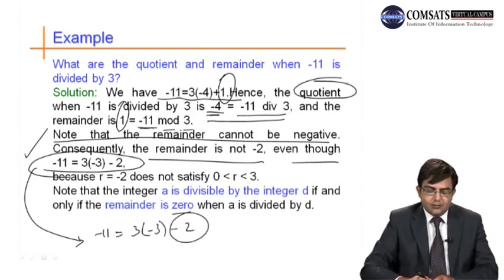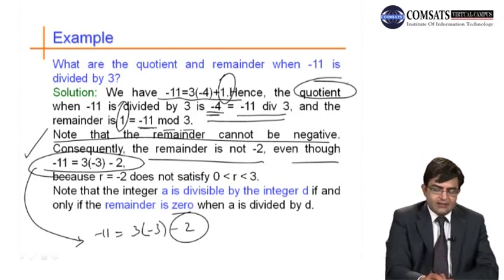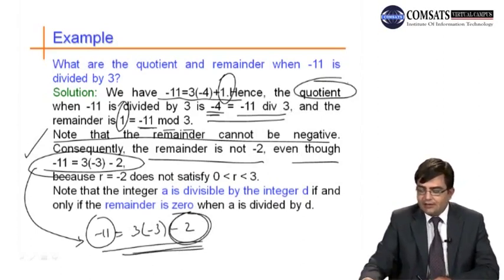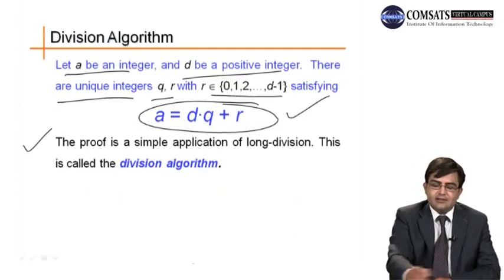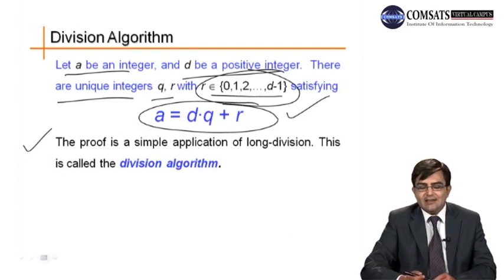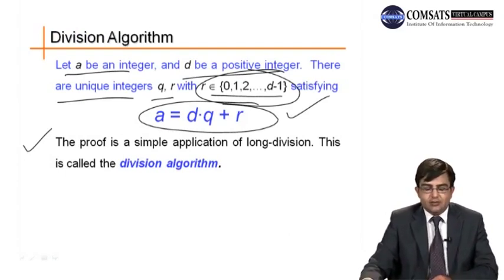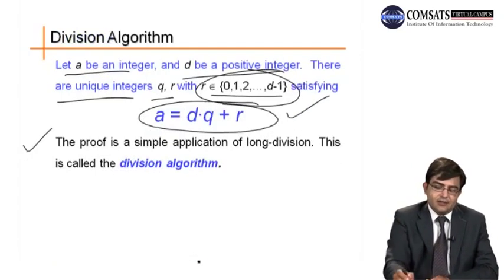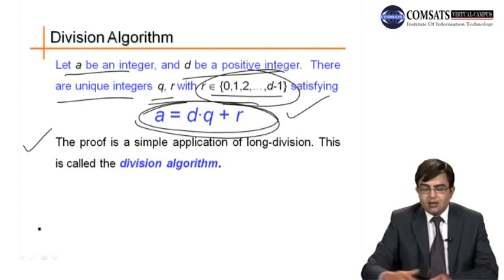So by the definition of the division algorithm, we cannot write minus 11 in this form, because the remainder must be greater than or equal to 0 and less than the divisor. So be careful about it when you write this form in division.